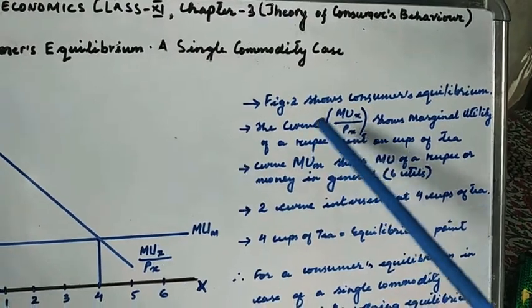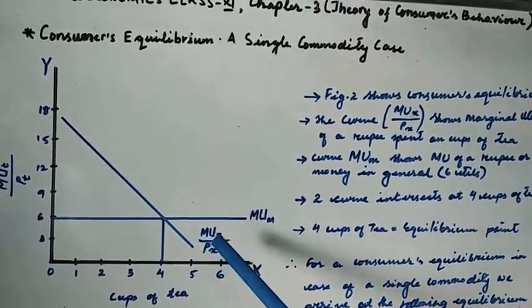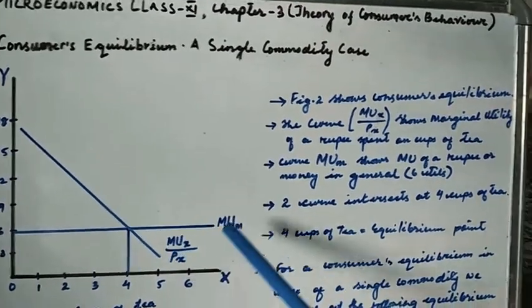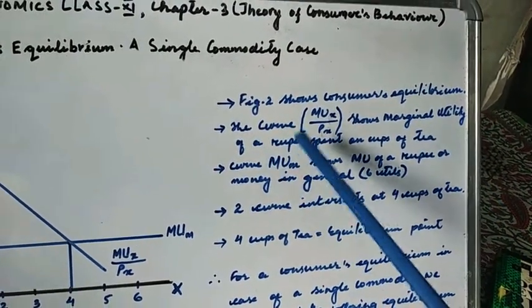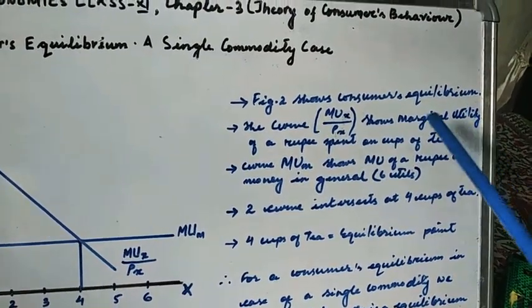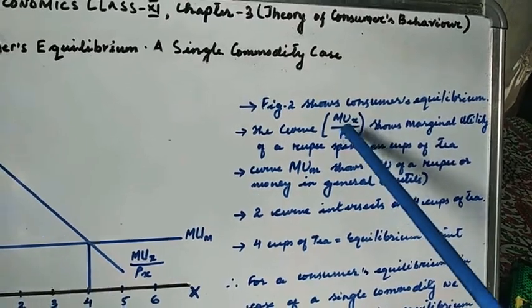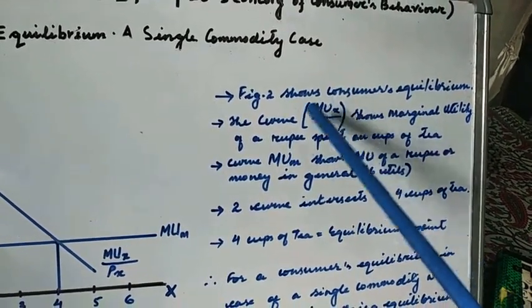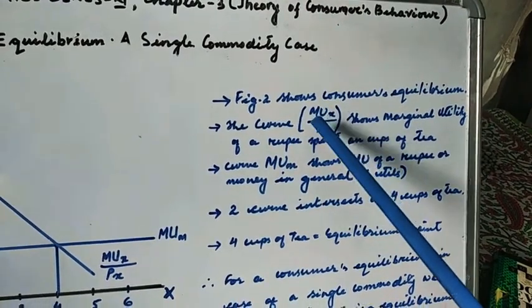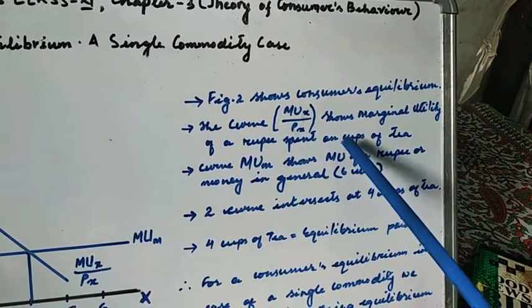The curve MUX-PX, that is this downward-sloping one, shows the marginal utility of a rupee spent on a cup of tea. In your book they have given MUT-PT, so I think your book has made a mistake on this. It is the curve MUX-PX that shows the marginal utility of a rupee spent on a cup of tea.